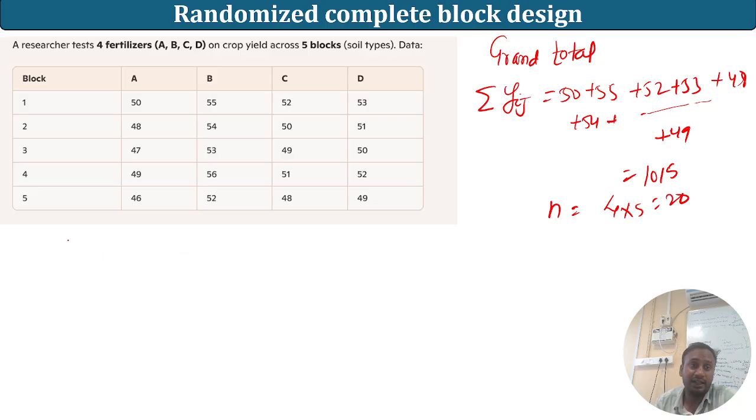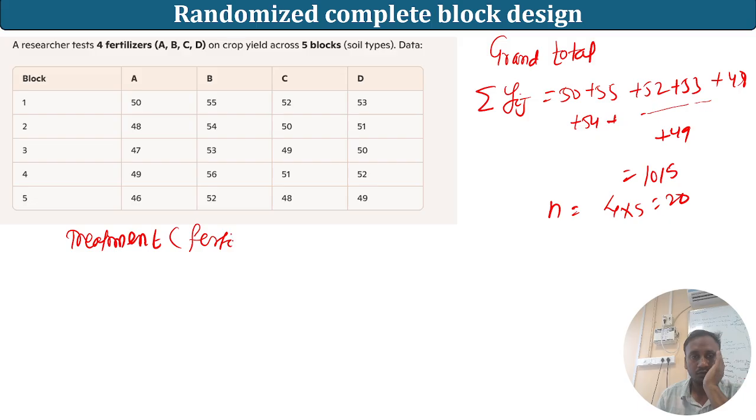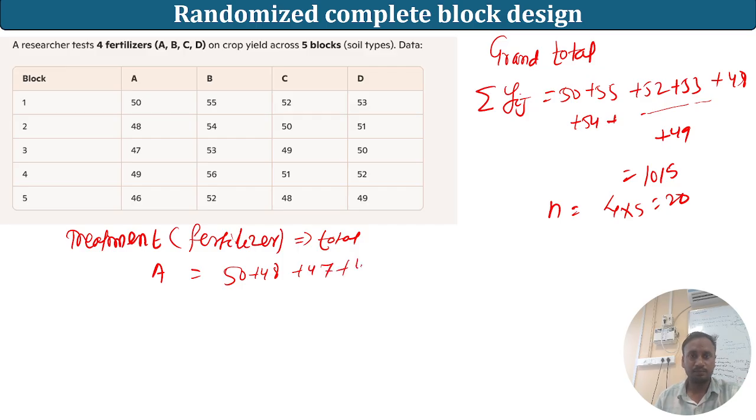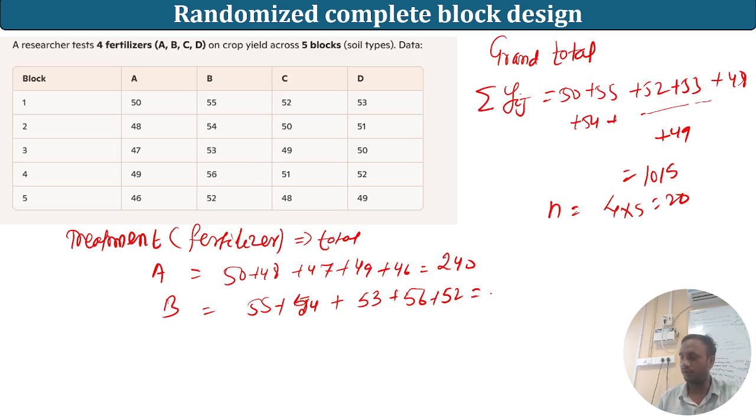And the fertilizer, like the treatment totals. For A, we check the total: 50 plus 48, 47 plus 49, 46, it came to 240. Similarly for B: 55, 54, 53, 56 plus 52, 270.